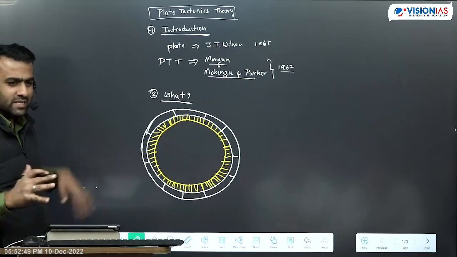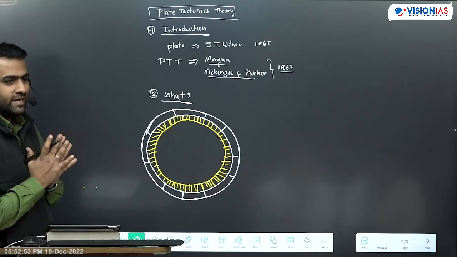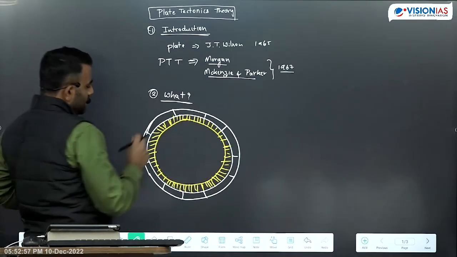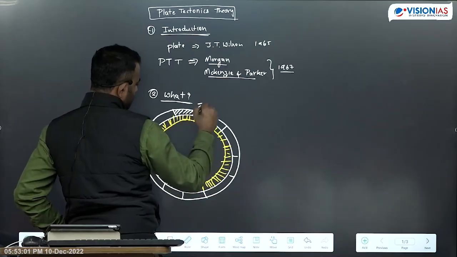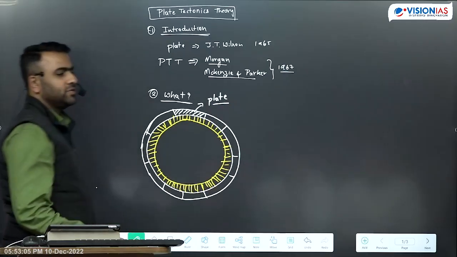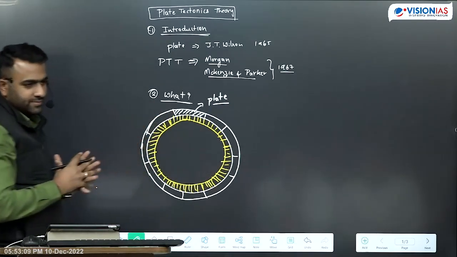Cracked, but it is still intact. That is what the lithosphere is. And each individual part of the lithosphere is what we call a plate. There are multiple different plates covering the entire earth.